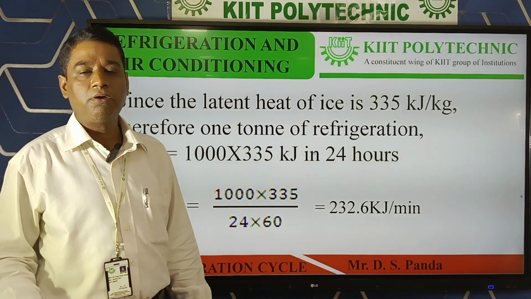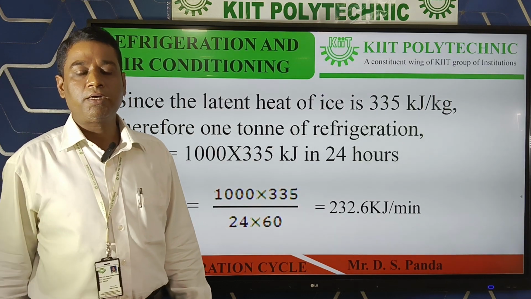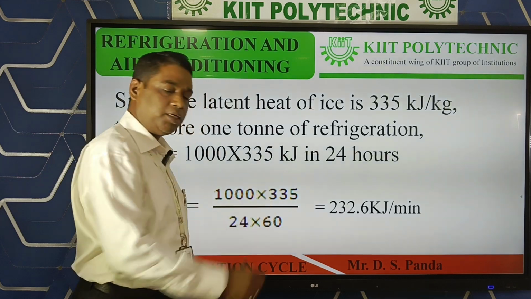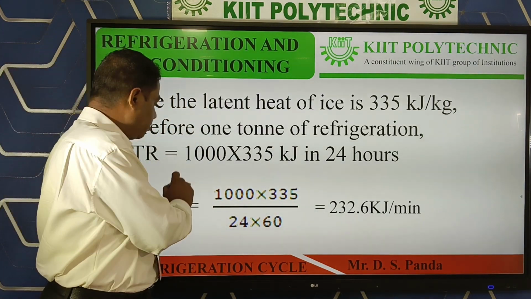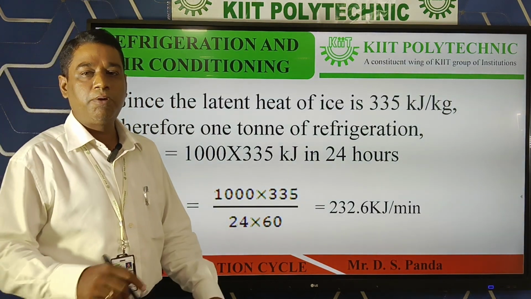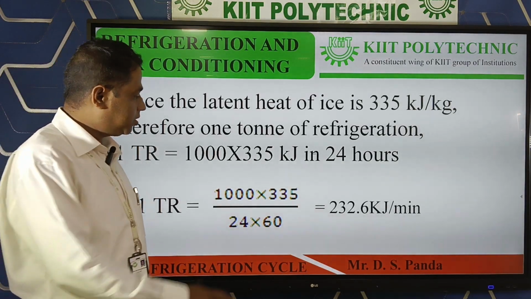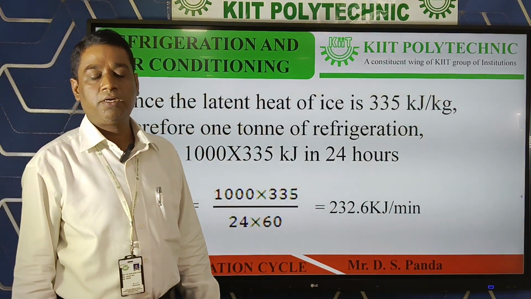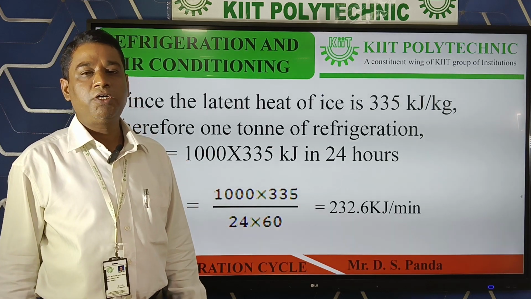And again, if we want to know the amount required in 1 minute, we have to divide by 60. So 1 ton of refrigeration, 1 TR, equals 1000 into 335 divided by 24 into 60, and the value is 232.6 kilojoule per minute. This is the calculated value, 232.6.